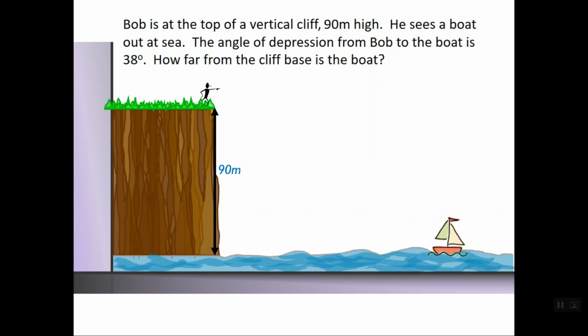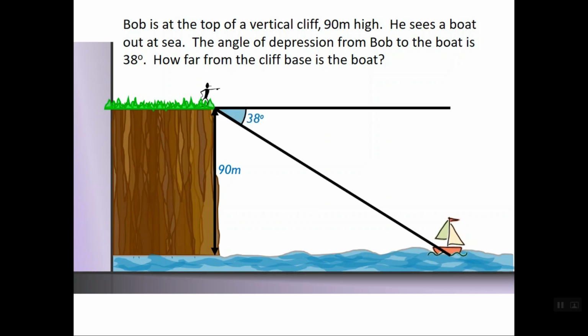My next step now is to draw my angle of depression there. If I should look straight across at eye level, I would not be able to see the boat, so that's the reason why Bob needs to look down, and by looking down, an angle of depression is formed between his line of sight and the horizontal. So that's 38 degrees there.